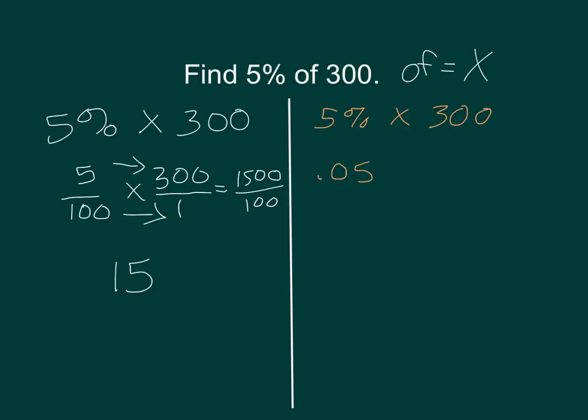If you didn't remember how to do that, you could think of this: 5% written as a fraction would be 5 over 100, and to figure out the decimal of that, we do 5 divided by 100, and I would get 5/100ths. Or you just look at how this is said, 5/100ths, and that's how you would write it. And now we'll just calculate 5/100ths times 300 on our calculator, and I'd get 15.